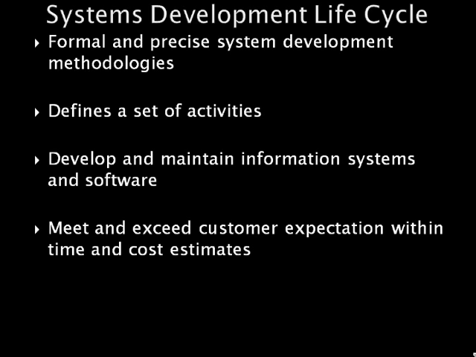It works effectively and efficiently in the current and planned information technology infrastructure and is cheap to maintain and cost-effective to enhance. The systems development life cycle adheres to important phases that are essential for developers, such as planning, analysis, design, and implementation, and these are explained in the next slides.